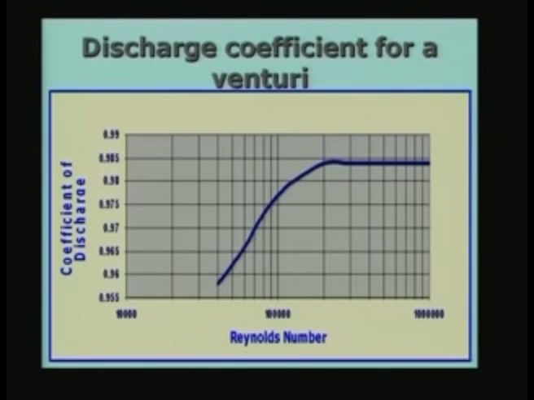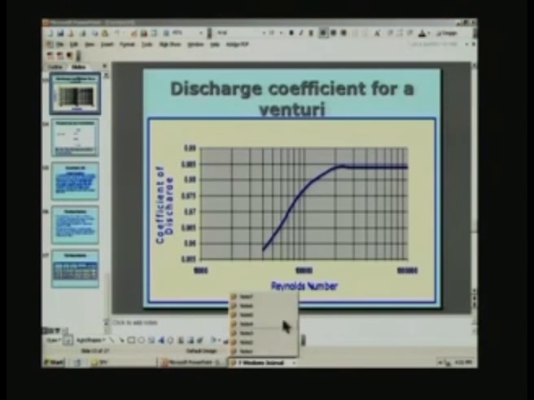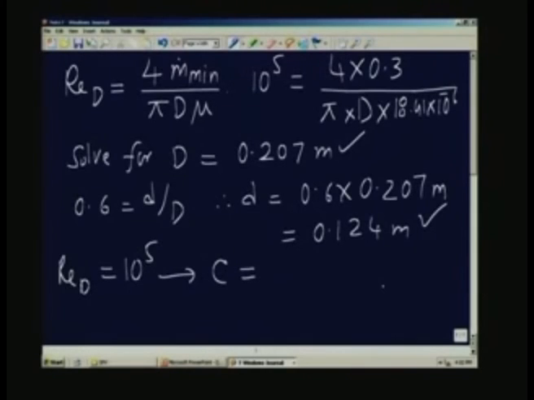So if you see 100,000, the value corresponding to it is something like 0.977. Because the Reynolds number is already given, I can simply take the value from that graph, and therefore the value of C is equal to 0.977.